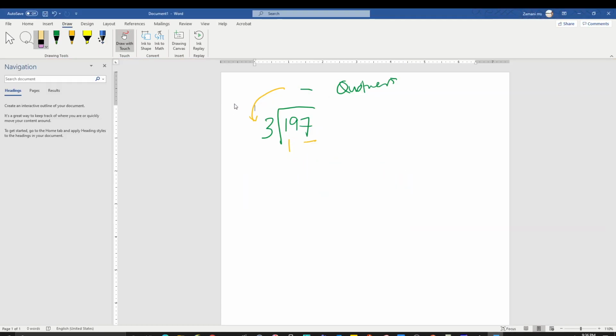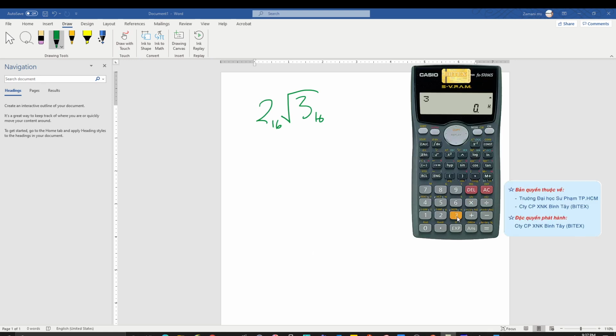Let's put 3 divided by 2. In hexa numbers, 3 divided by 2, you get the answer 1 in base 16.